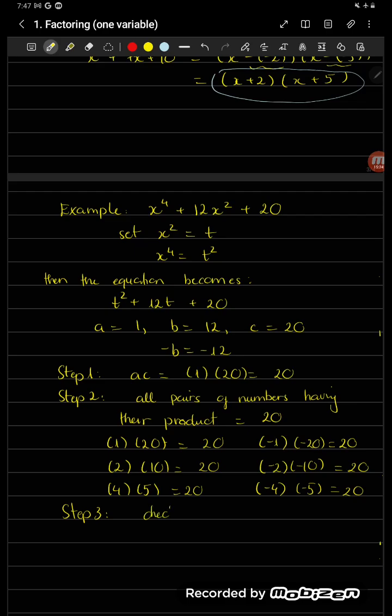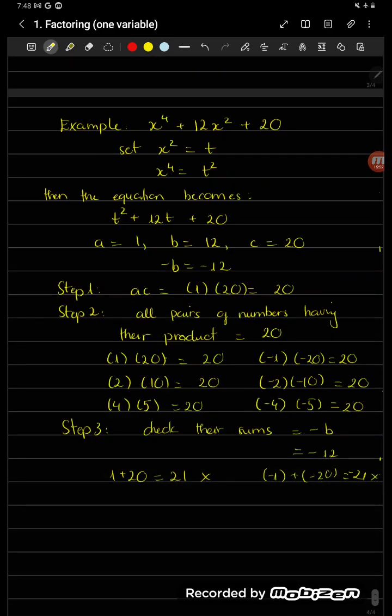Check their sum to see equal to negative b or not. Okay, and here negative b is negative 12. So we have 1 plus 20 equal to 21, so not. Negative 1 plus negative 20 equal to negative 21, so not.